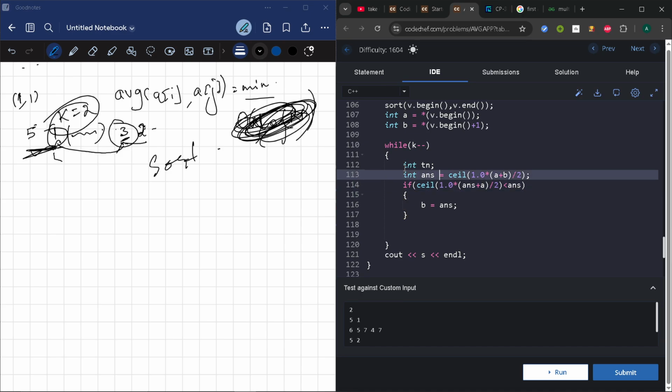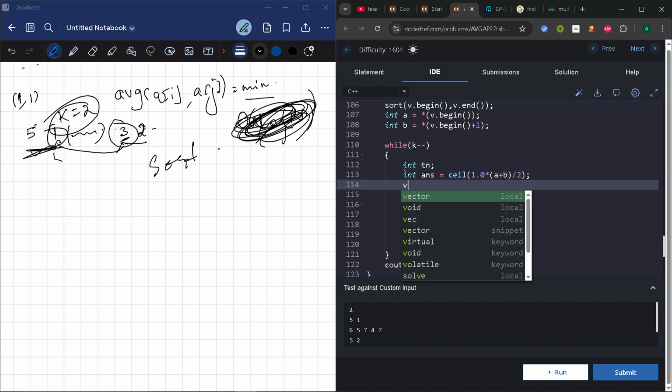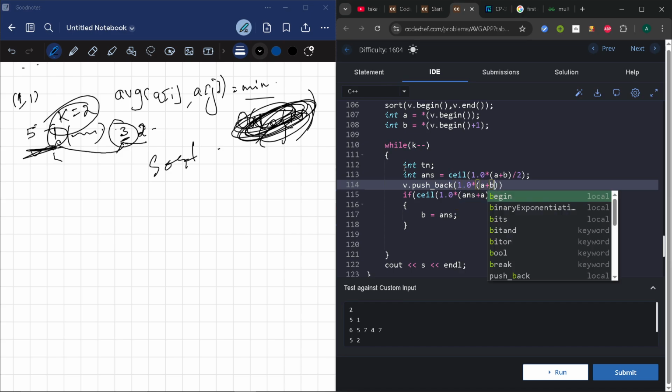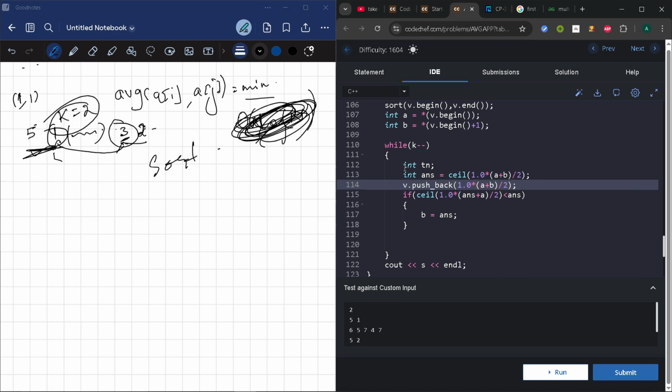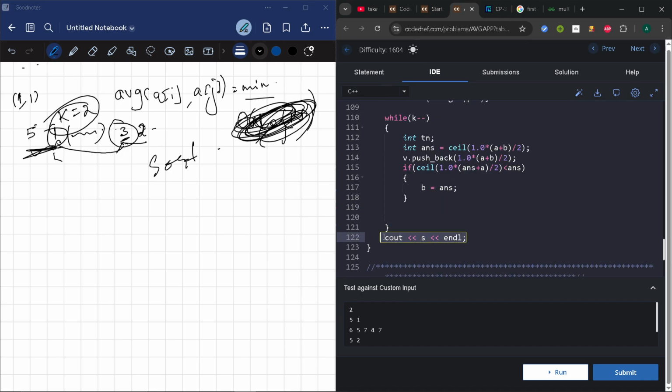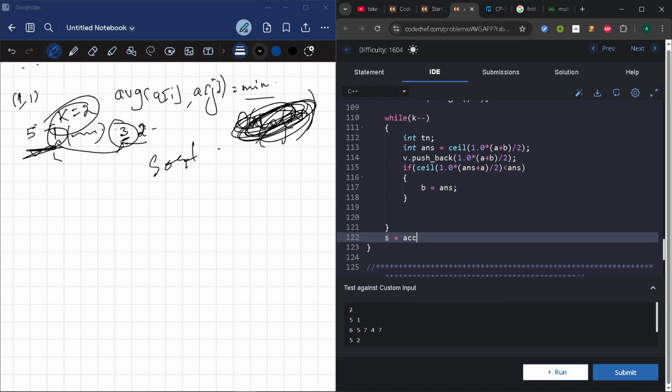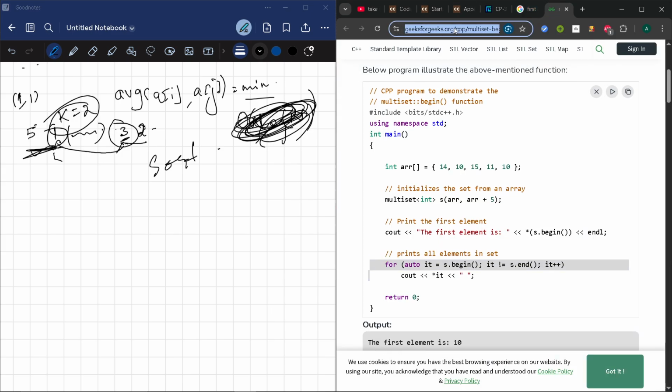first thing I'll append this thing, v dot pushback 1.0 into A plus B divided by 2. And sum is nothing but S is equal to accumulate. Accumulate means it will just find the sum.